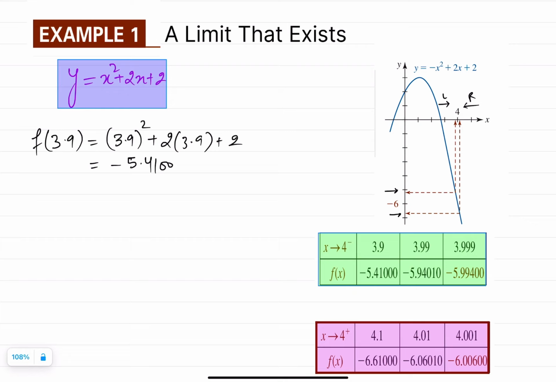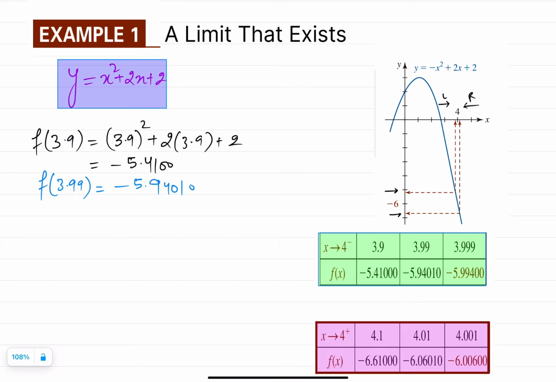If you come closer from the left side, you put 3.99. When you put the value of x as 3.99, you will get the value of the function as -5.94010.